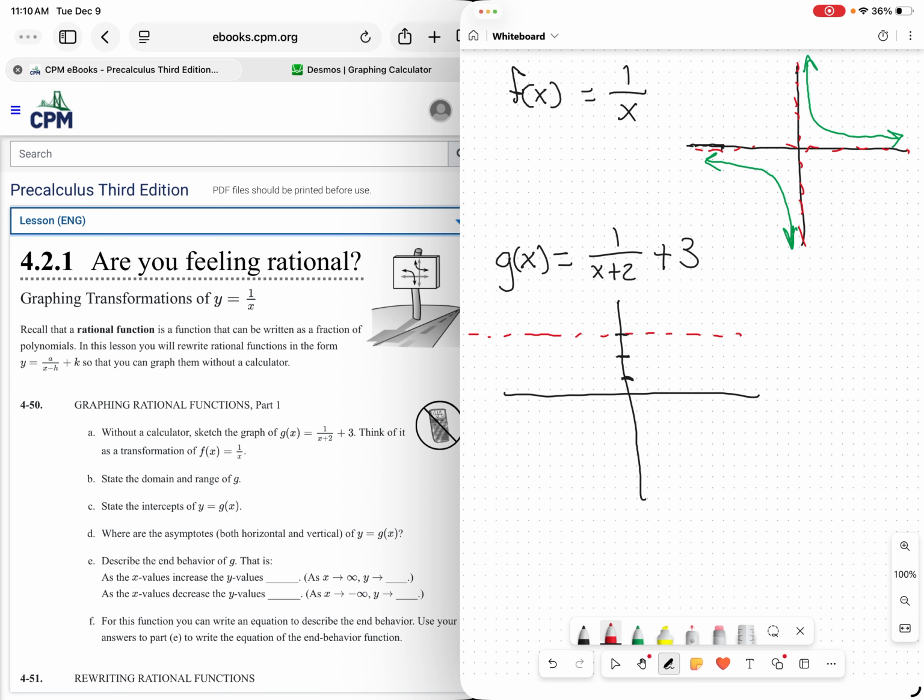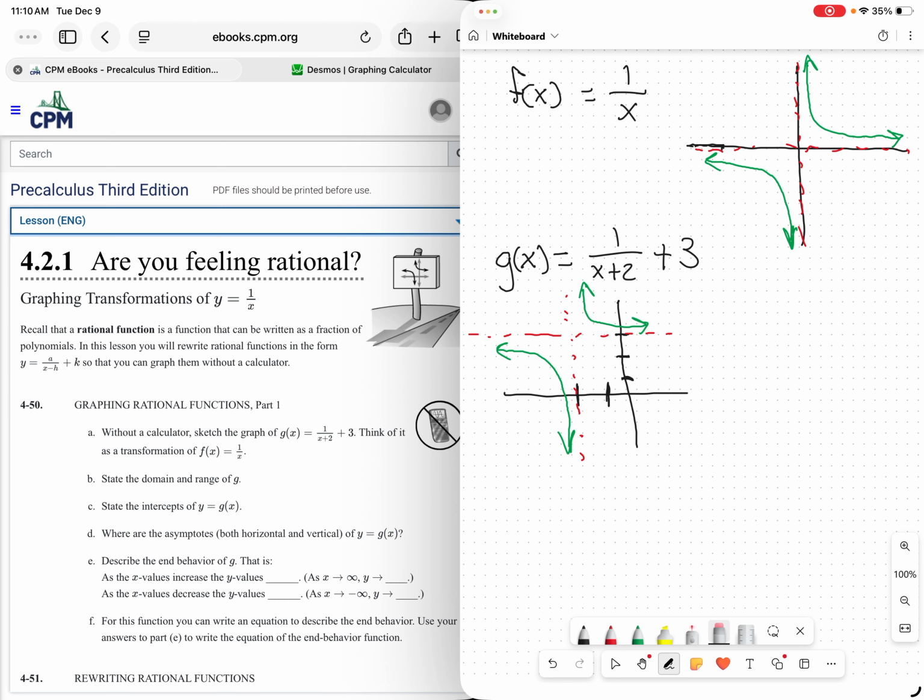Okay, and then our vertical asymptote is at -2, because -2 is what would make the denominator 0. And then same idea, we would have this graph here, and then this graph here. Again, that's kind of what the transformation would look like.